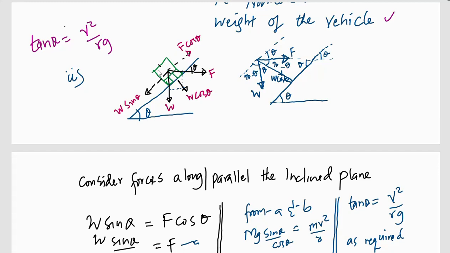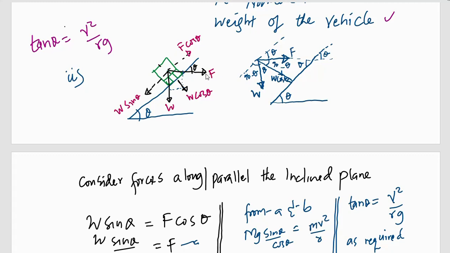Considering the motion of this vehicle on a curved track, we assume this body is moving on an inclined plane. So this is the angle of banking, and it is always provided where the road is in a corner, to ensure stability and safety of the vehicle.